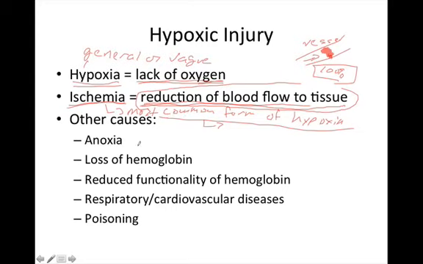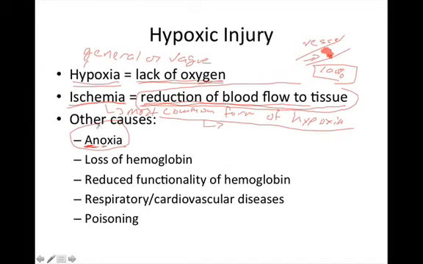Other forms of hypoxic injury could be from anoxia, an overall lack of oxygen. Remember, whenever you see the letter A in front of a word, that means without. The reason it's an here is that in medical terminology, you don't take a prefix and a word root that both begin with vowels and put them together.